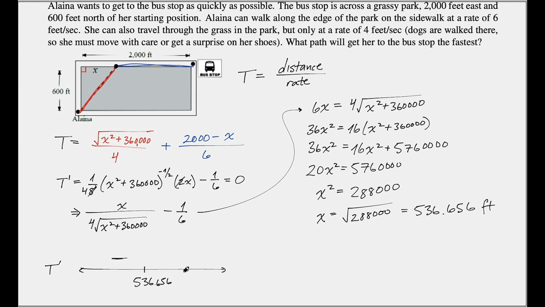And then plug in a number larger than 536. If we go really, really big, you'll see that the larger x becomes, the more negligible this 360,000 becomes, and this just approaches 1/4. And 1/4 minus 1/6 is a positive number. So for those large numbers, we'll get a positive, which means that this function is decreasing and then increasing, and so we've got a relative minimum at this number. And so that is the distance down that she should travel across the park to that point, and then the sidewalk the rest of the way.